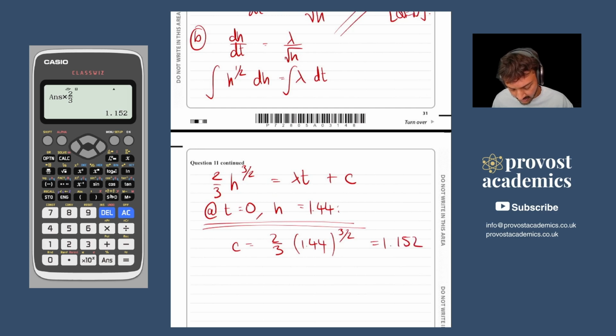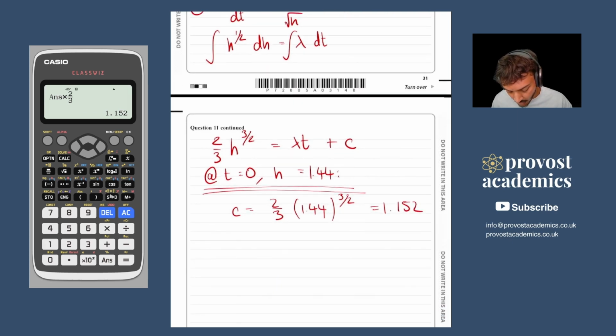That's my plus c. Therefore, I got the relationship 2/3 h to the power of 3 over 2 equals lambda t plus 1.152.